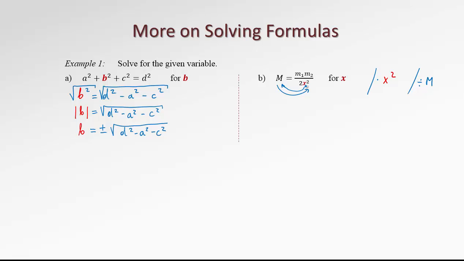Okay, let's do the swap of x squared and m. Therefore, we have x squared equals, copy the rest, m1, m2 over 2, and then m travels to the denominator. Fantastic. Now again, to reach the x by itself, we place the square root on both sides of this equation. So our x is equal to plus or minus the square root of m1, m2 over 2 times capital M.